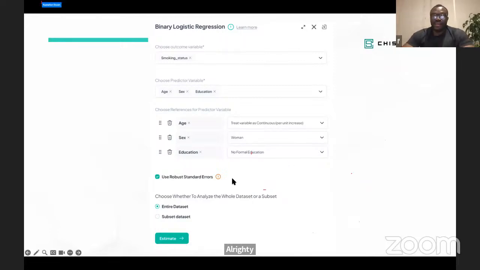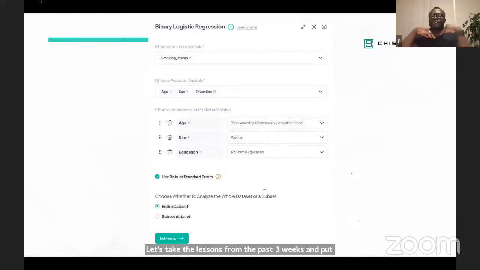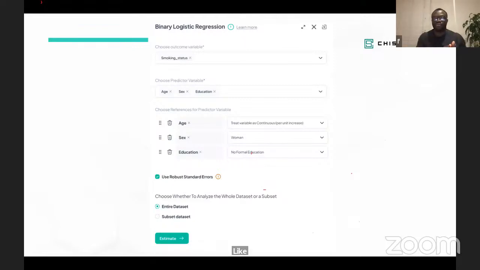All right. So let's take the lessons from the past 3 weeks and put them together, and let us see how, just operationally, the way we fit those models differs from each other. In terms of just doing it, how does it differ when we use a binary logistic regression, or a multinomial regression, or an ordinal logistic regression?